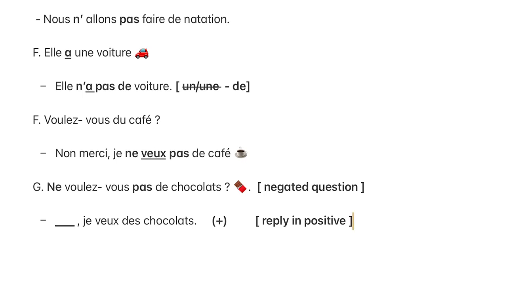So, in French, when it comes to saying yes, we would think that we must reply by saying oui, but no. When it comes to replying positively to a negated question, we will be using si.